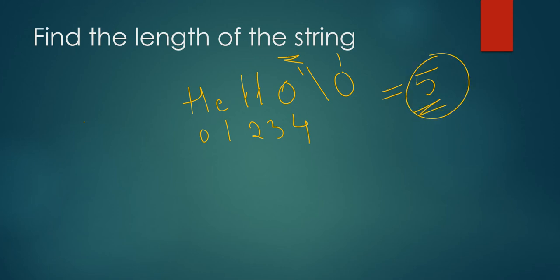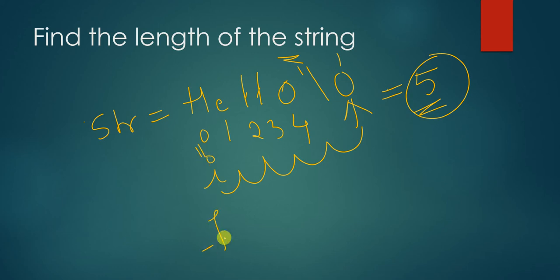Say for example, this string I have taken as str, the string name. Okay, so I can take one variable i which loops through all these till the end of string is encountered. It will start from 0. So for this, I can use a for loop. I will start from 0, and I should iterate till where?